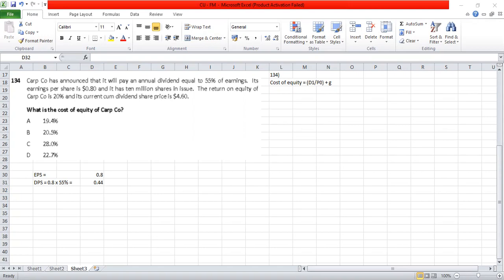But then 0.44 has to again grow at the growth rate, but we do not know what is the growth rate. So growth rate is equal to, there is a formula for growth rate also we have discussed.